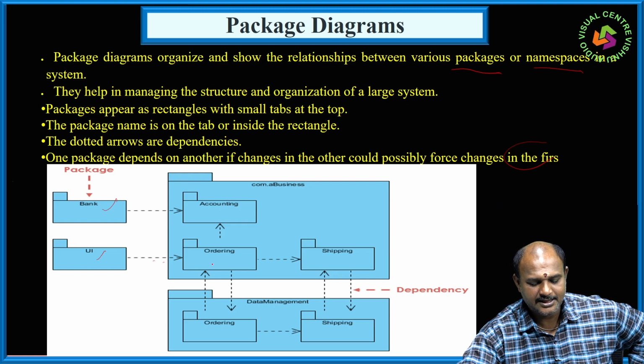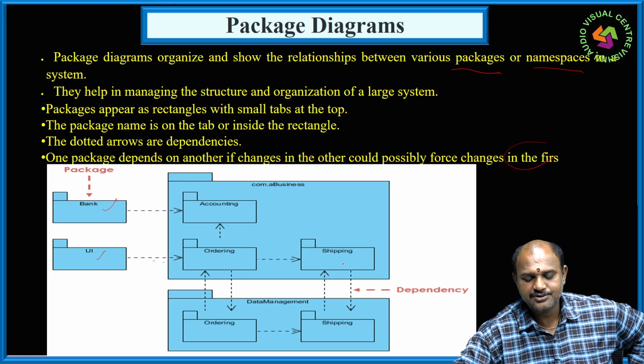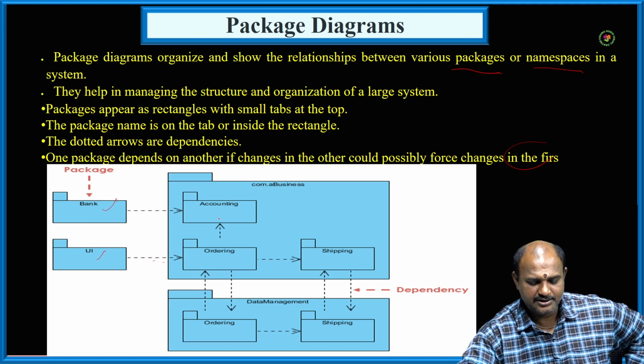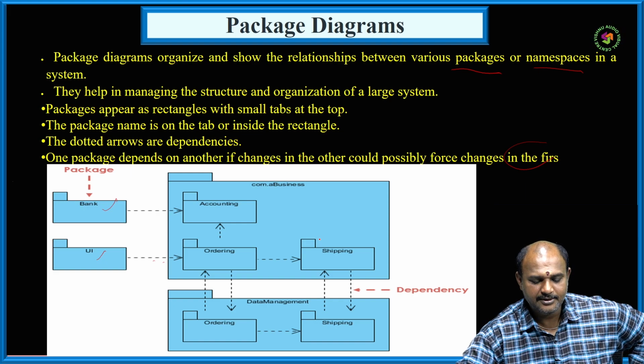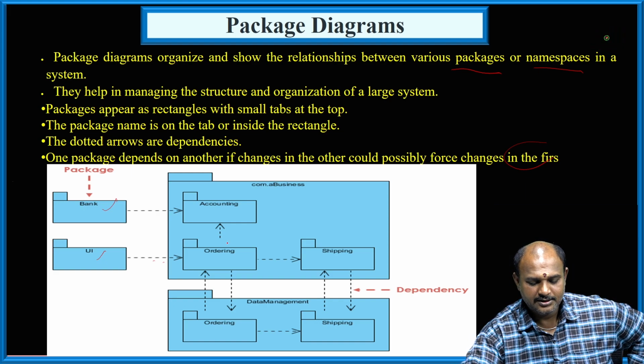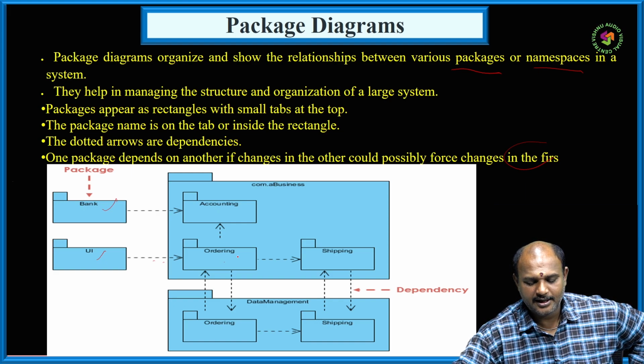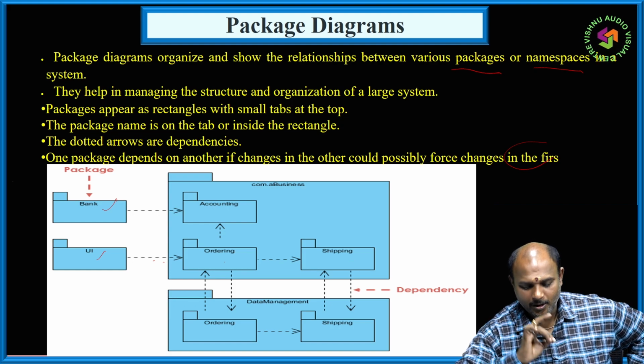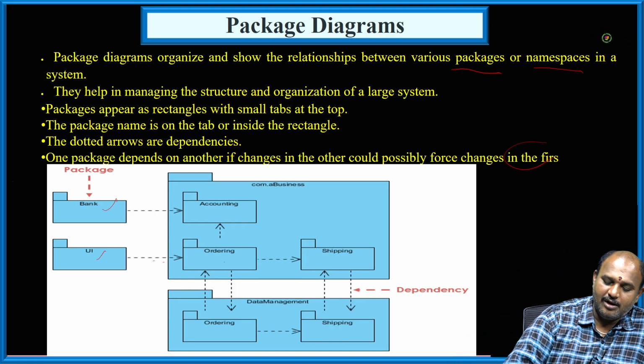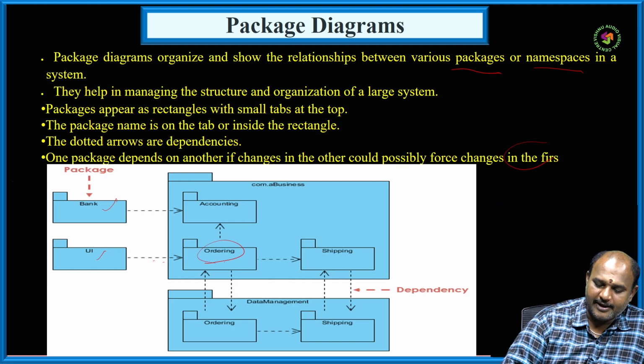Account is one package, ordering is another package, and shipping is another package. In between, some dependencies are included. The account is dependent on order, and shipping depends on order. So all will depend on this order package.